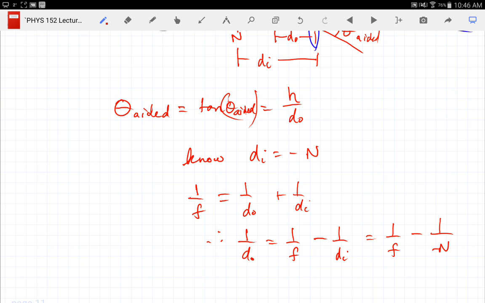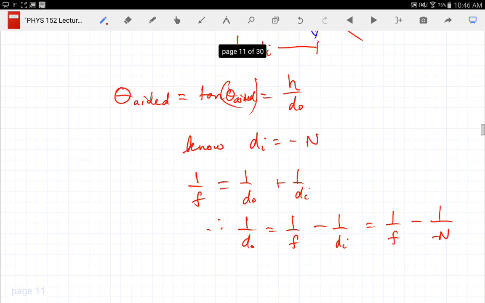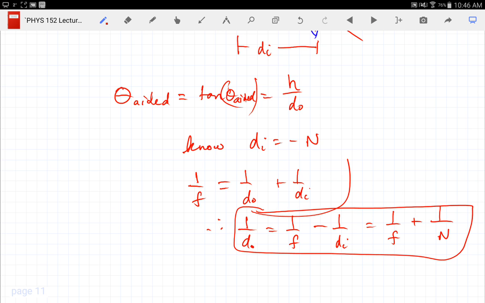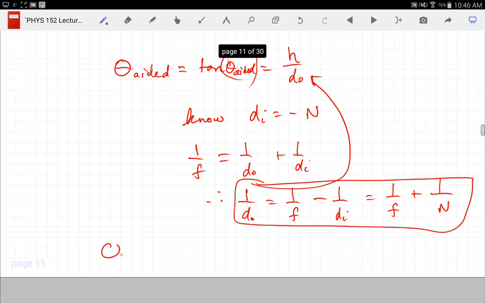And of course, we're all good enough mathematicians. What's the easier way to write minus 1 over minus n? Plus 1 over n. So I'm just going to write this as plus 1 over n. And I will substitute this for right there. So my theta aided is equal to h over f plus h over n.